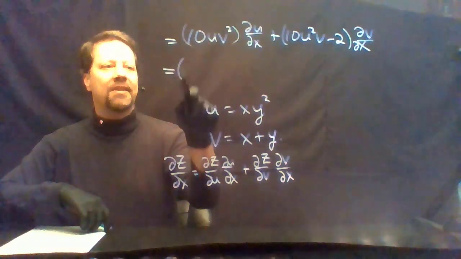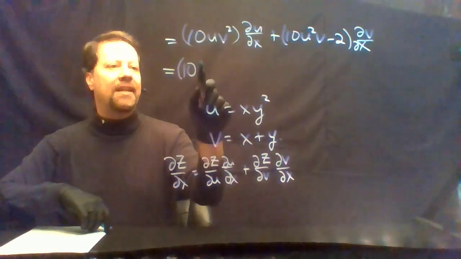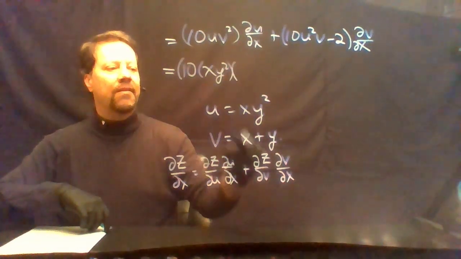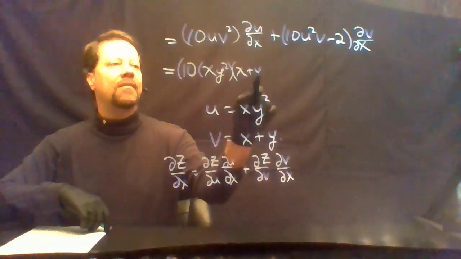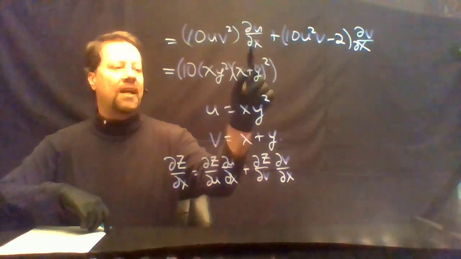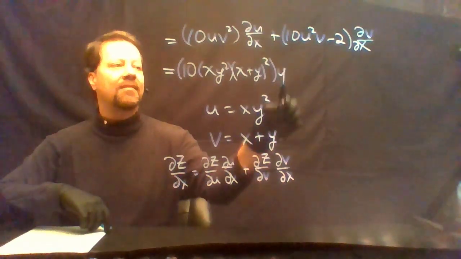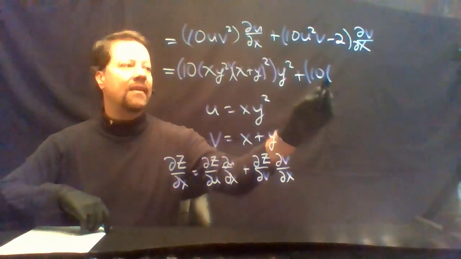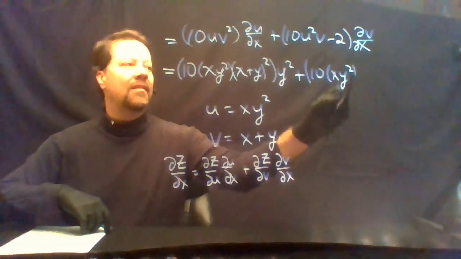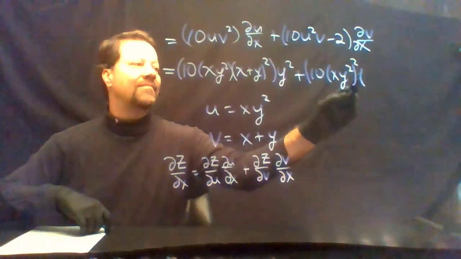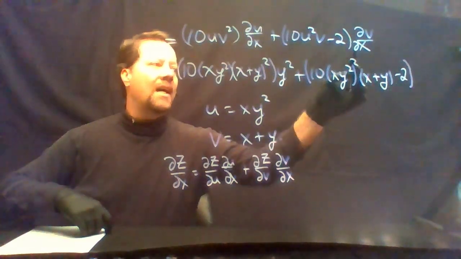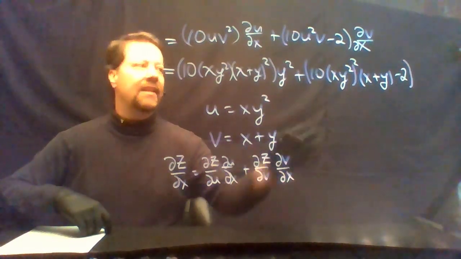Making the necessary substitutions, we have 10u v squared times du/dx plus 10u squared v minus 2 times dv/dx.